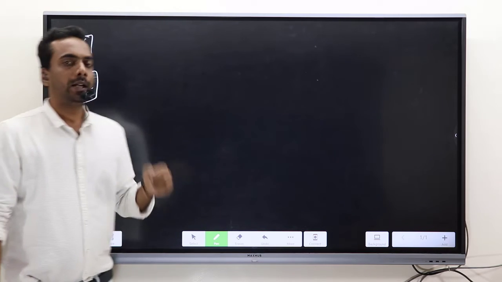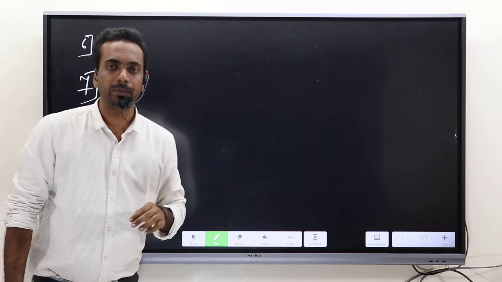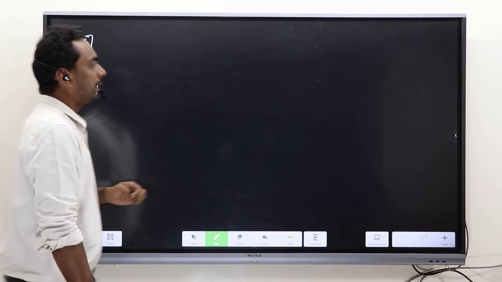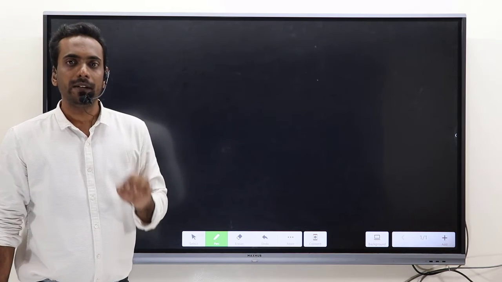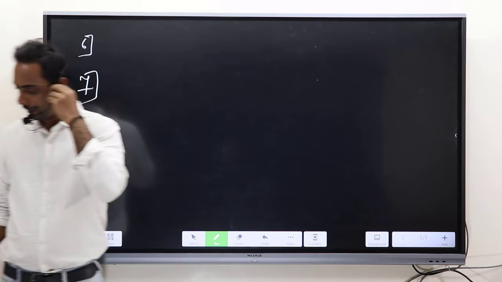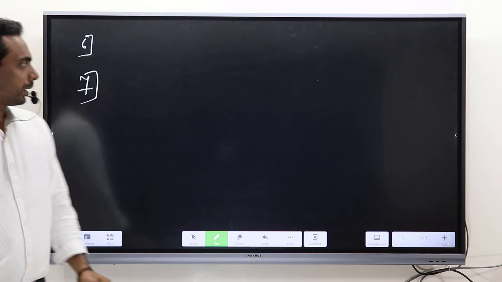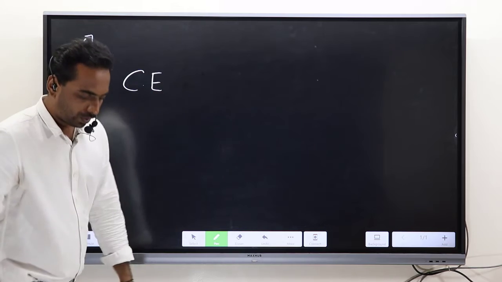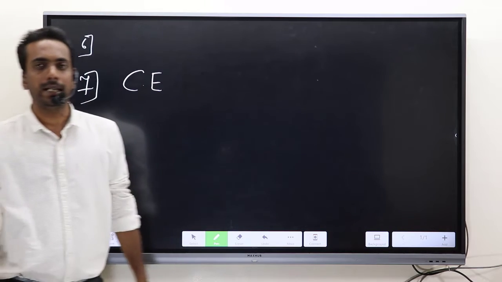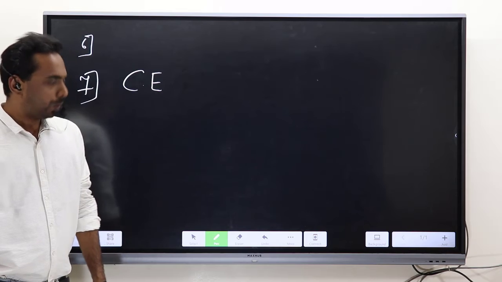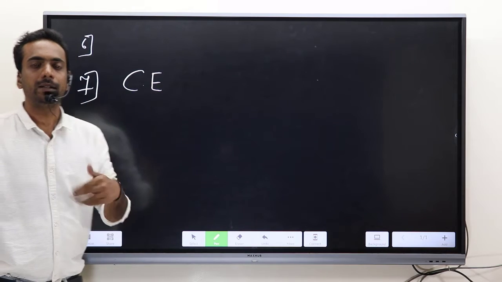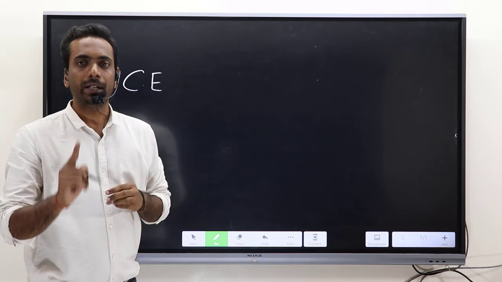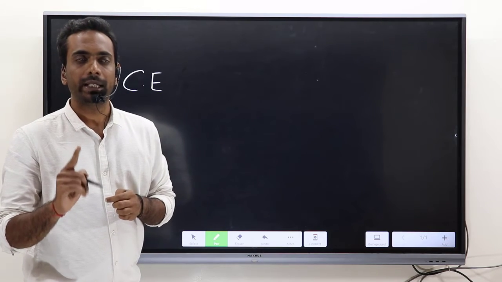Write down if the characteristic equation contains only even power of s, if the characteristic equation CE contains only even power of s, it represents at least one pair of poles on imaginary axis.